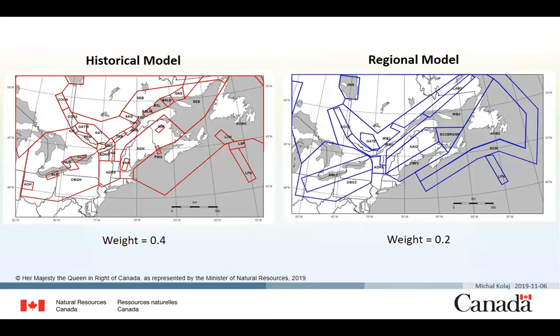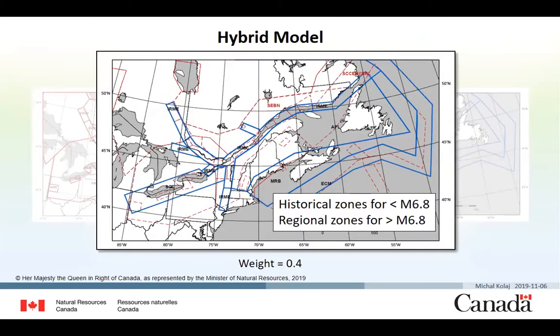So in the seismic hazard model, we give different weights to these models. We have the historical model, which I've mentioned is basically trying to group the present-day historical seismicity. Then we have the regional model, which is more of a tectonically derived model. And then we also have the hybrid model, which is basically a comparison or a merge of the two.